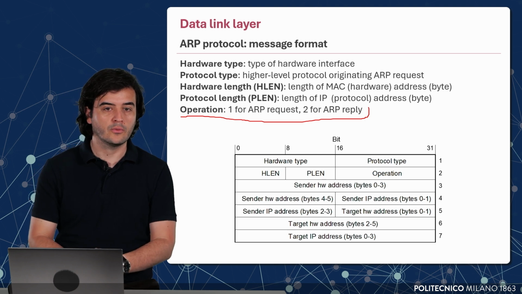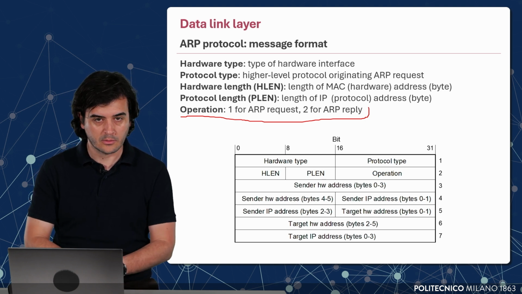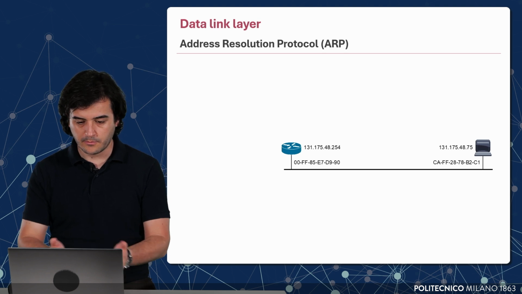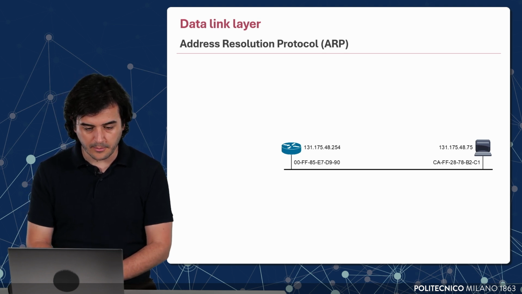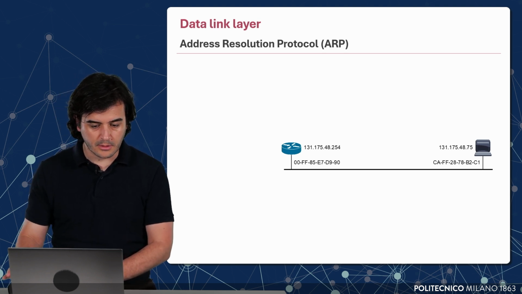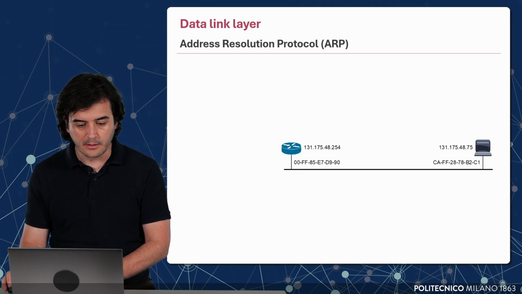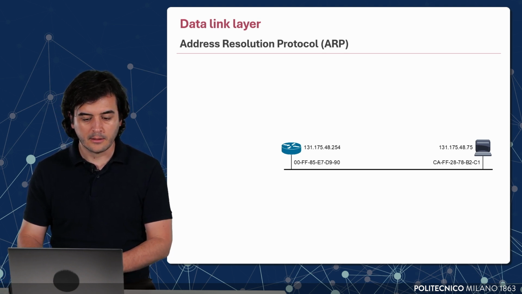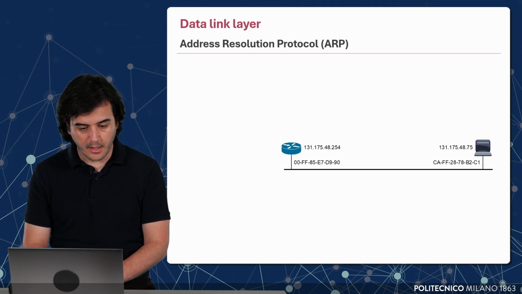What does it mean to send a message which is an ARP request or an ARP reply? We consider this simple connection between two equipment in which each of them has an IP address and a MAC address.